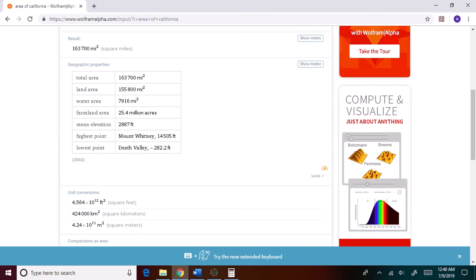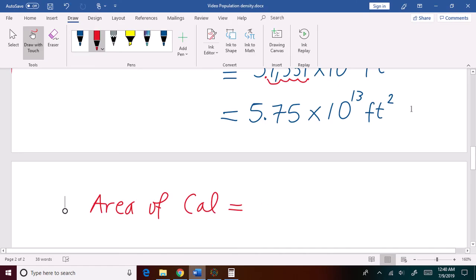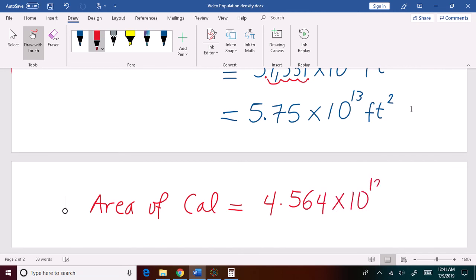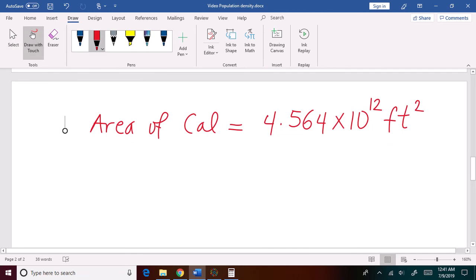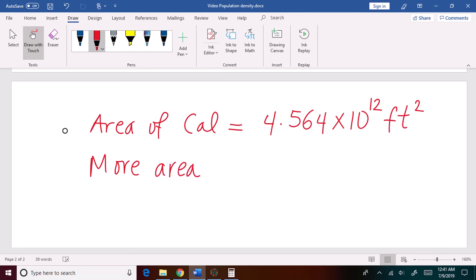It says 4.564 times 10 to the 12 feet squared. So this area will not be enough. As you see, the required area is more than that. More area is needed. So this is how you figure out these types of problems.